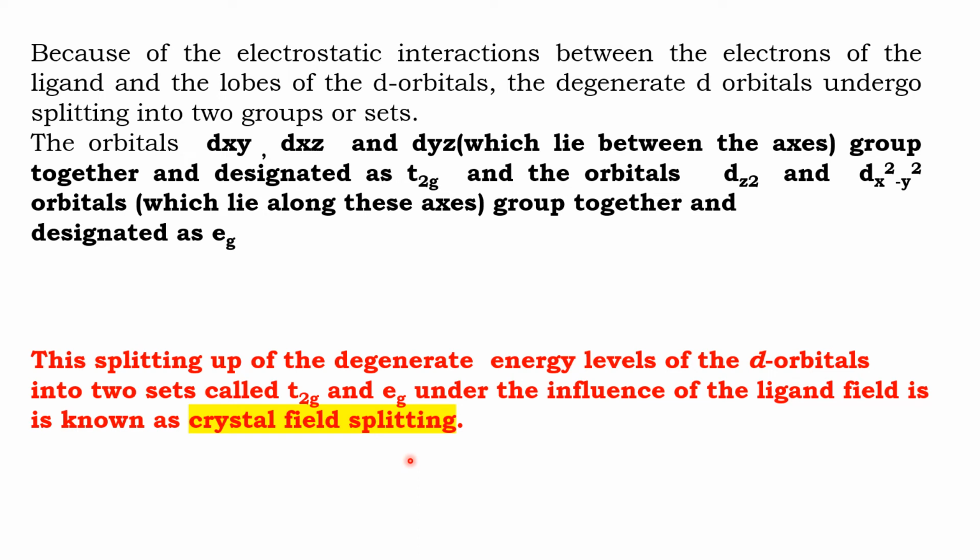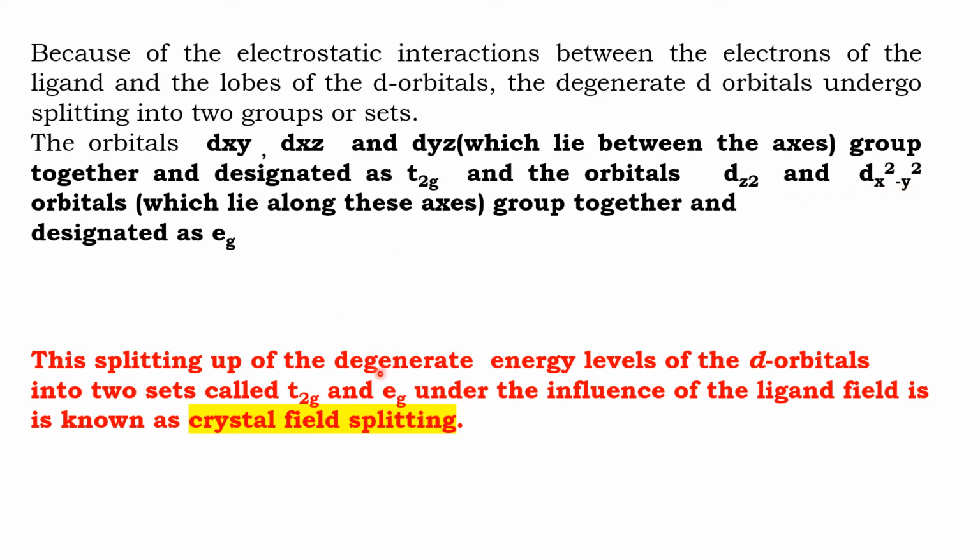How? By the influence of the field produced by the ligand, it is called crystal field splitting. So, this splitting up of degenerate energy levels of the d orbitals into two sets, which are the T2g and Eg. Which are T2g? dxy, dxz and dyz. Why? Because they lie between the axes. And what are Eg? dz square and dx square minus y square.